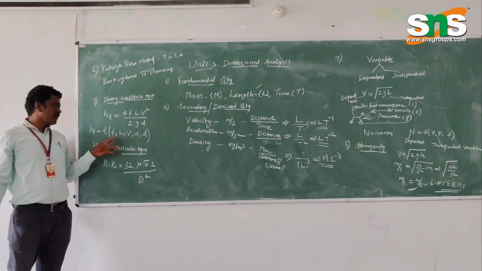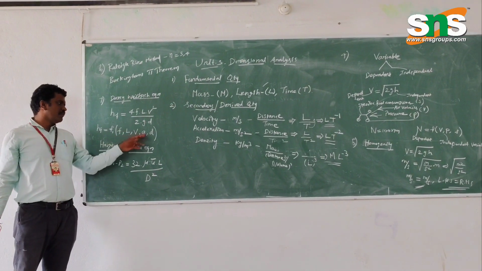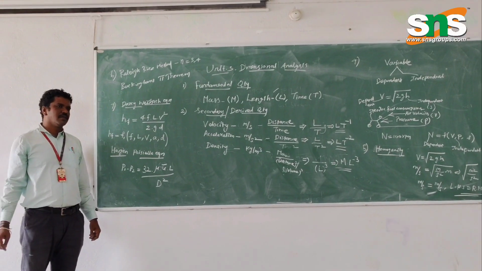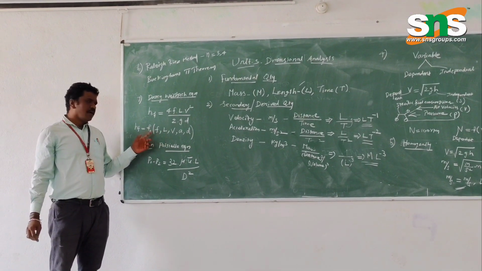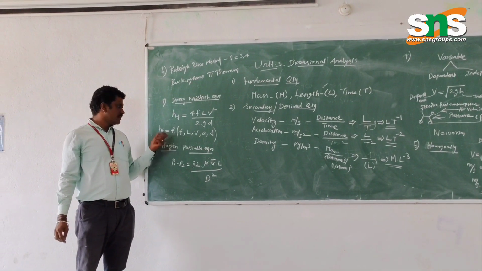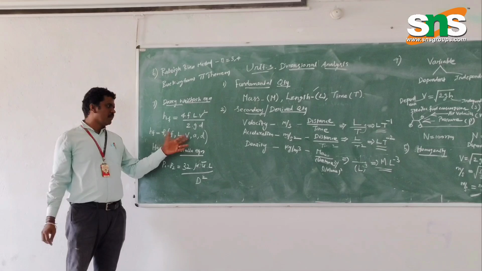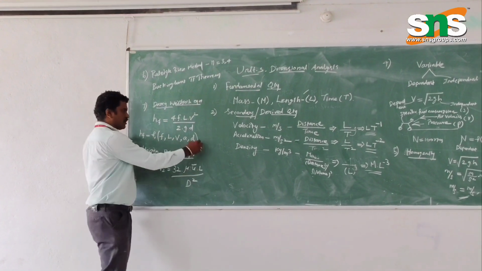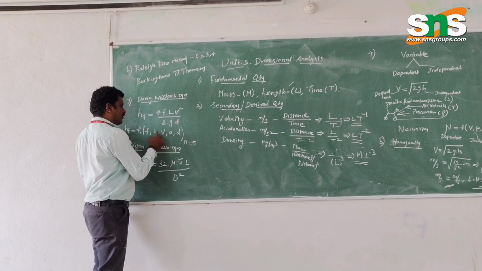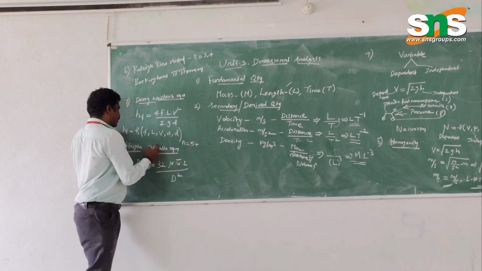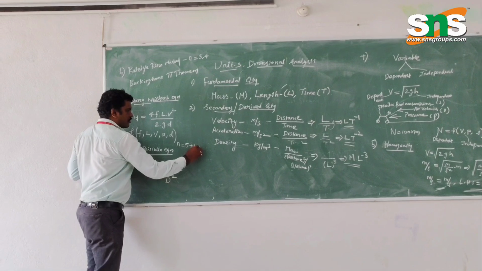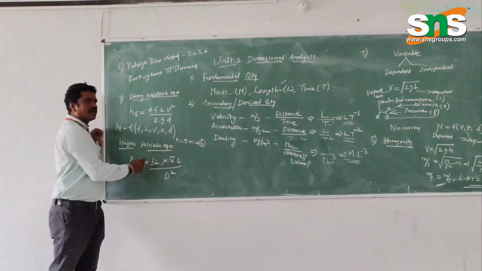How many quantities are available here? 1, 2, 3, 4, 5. Totally 5 independent variables. Including the dependent variable, the total number of variables is n equal to 5 plus 1, so 6 variables in this equation.